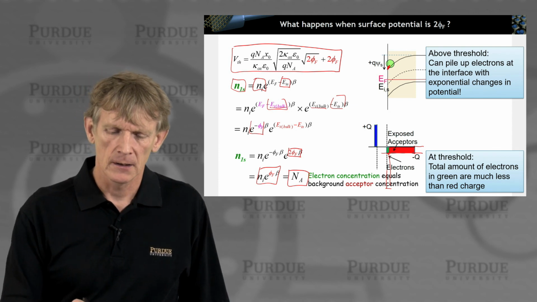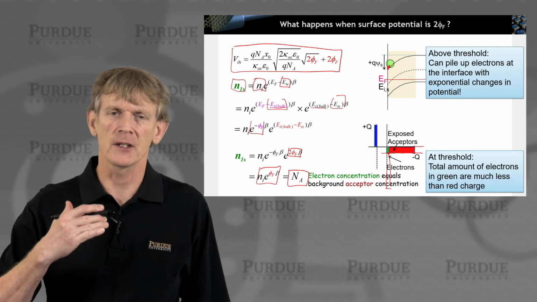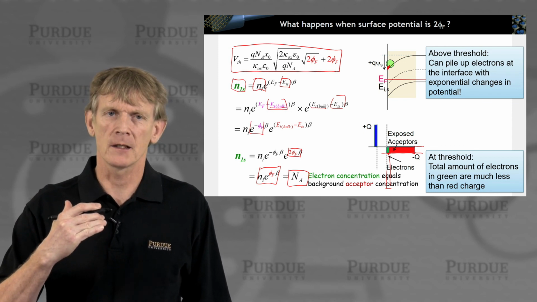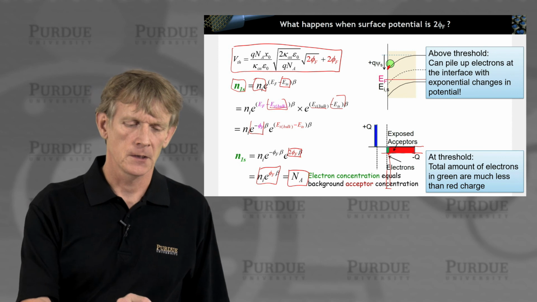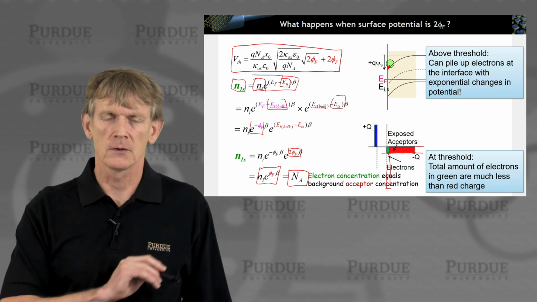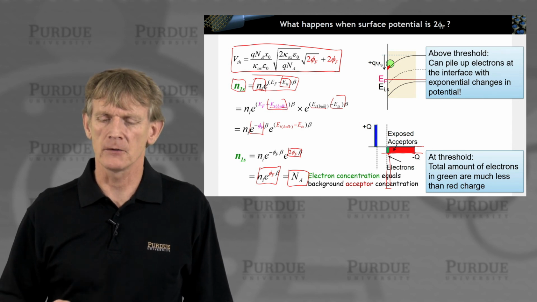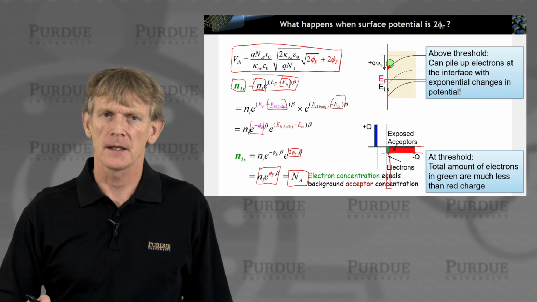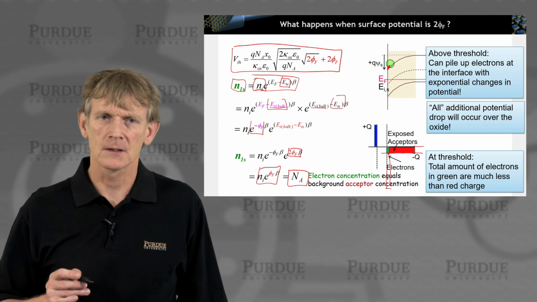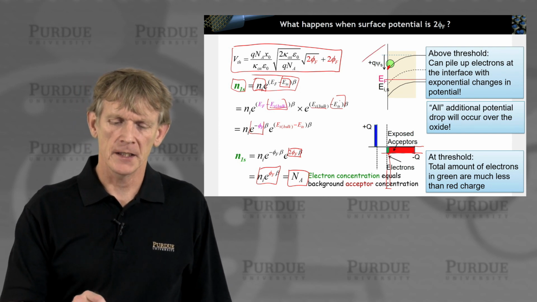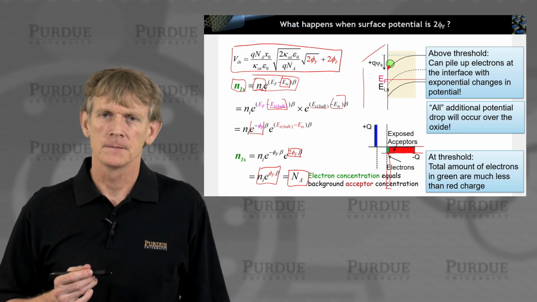Remember, when the Fermi level is getting closer to the conduction band, a small change of the Fermi level against the conduction band level can have an exponential growth in charges. If you can bring the Fermi level close to the conduction band, that's when you have a lot of charge. That means we can pile up a lot of charge in the interface. And what that means is, when we have a potential here, most of the potential will now fall over the oxide.